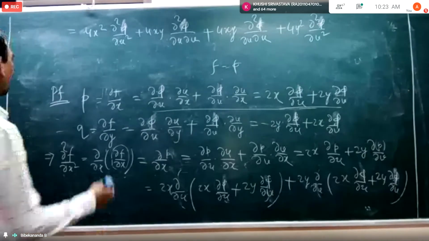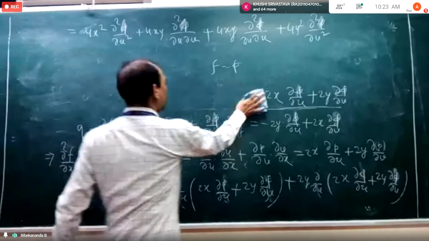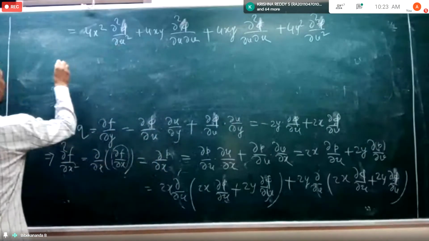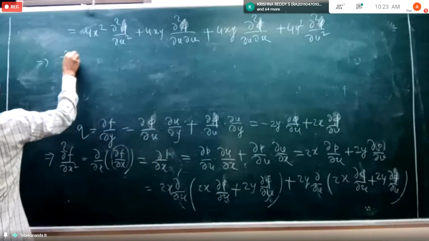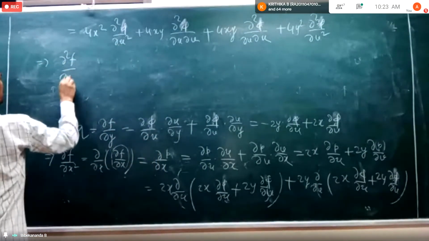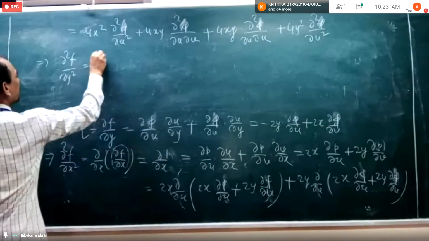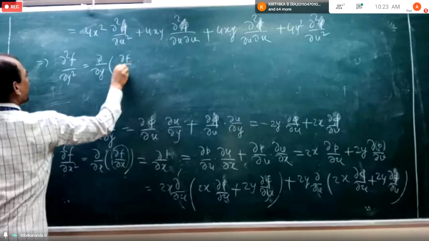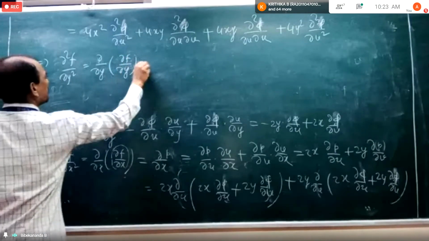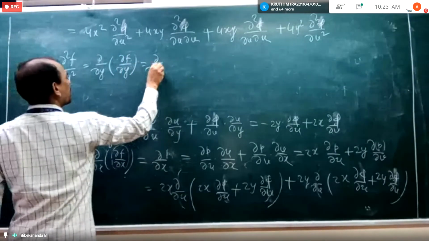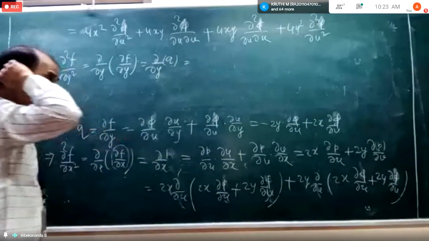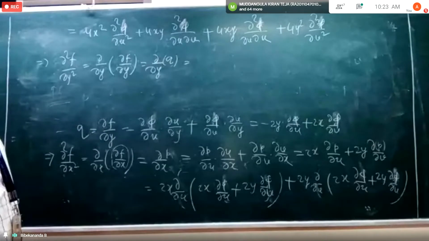Okay. So this is the second derivative of f with respect to x. Now let us find the second derivative of f with respect to y. So ∂²f/∂y² is equal to ∂/∂y of ∂f/∂y, and so ∂/∂y of q.